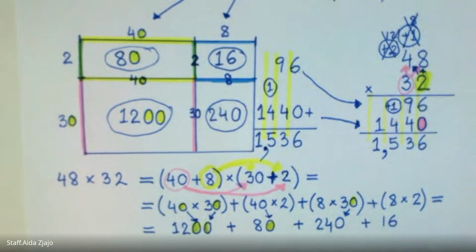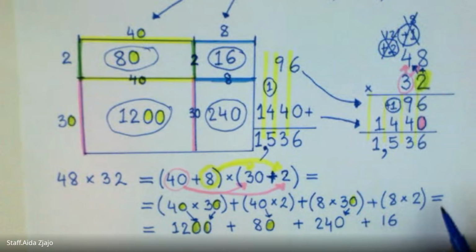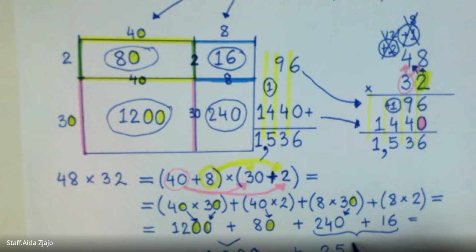And when I have that, I can do the whole number addition. I can add these two if I want to. So that will be the 1,280 plus I will add these two, which will make 256.